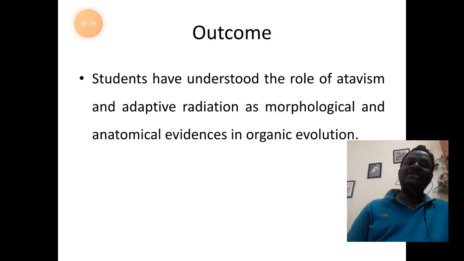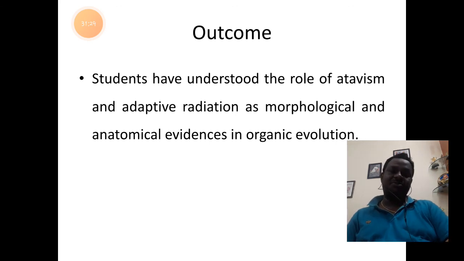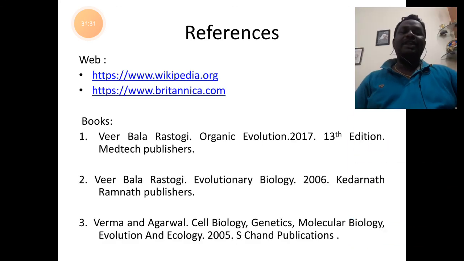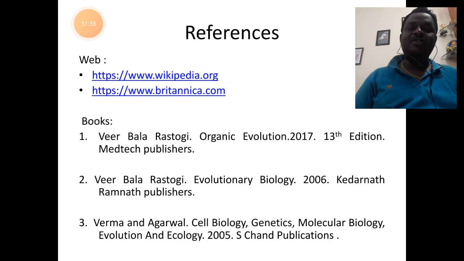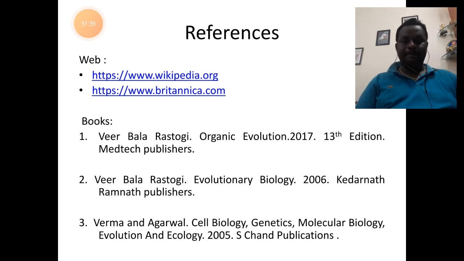Well, students, we have learnt here after the session the role of atavism and adaptive radiation as anatomical evidences of organic evolution. The references include the web references of Wikipedia and Britannica.com.